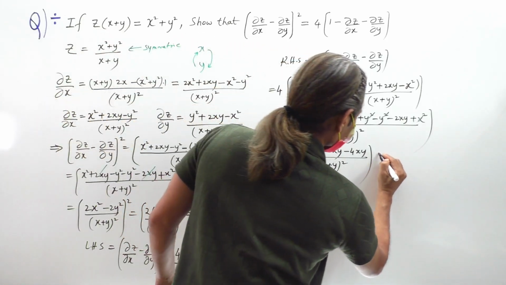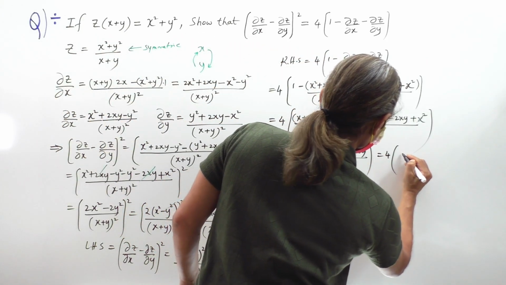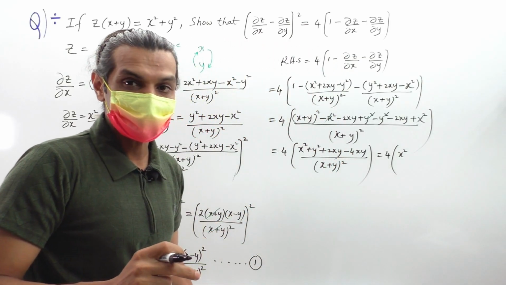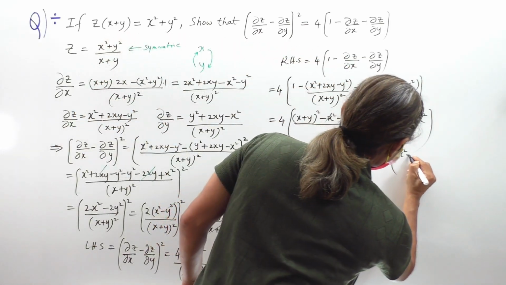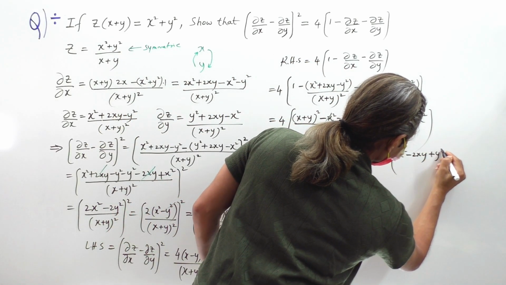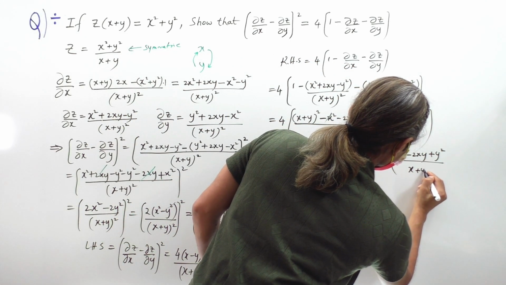Now again this is 4 into the bracket x squared, see, 2xy minus 4xy is minus 2xy, so minus 2xy plus y squared, divided by (x plus y) the whole squared.